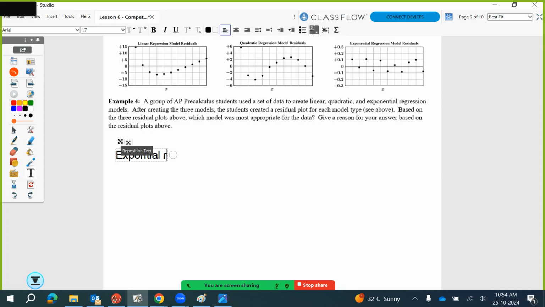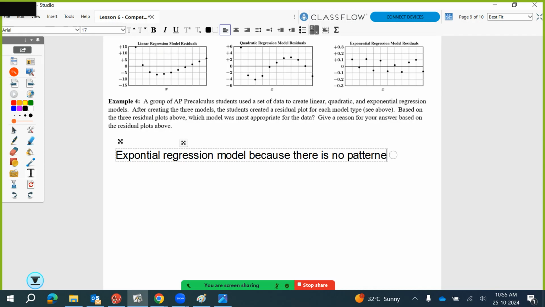Exponential regression model. Why? Because it shows the most scattered points compared to the linear and quadratic. I don't think scattered is the best word because they're all scattered. It doesn't show any pattern.